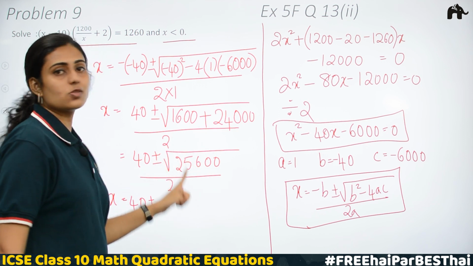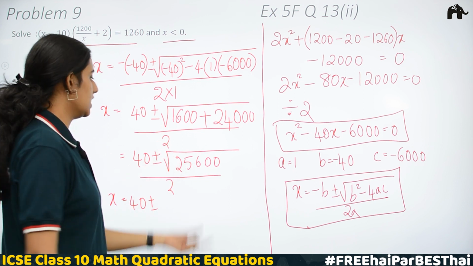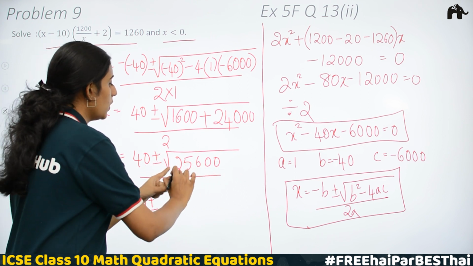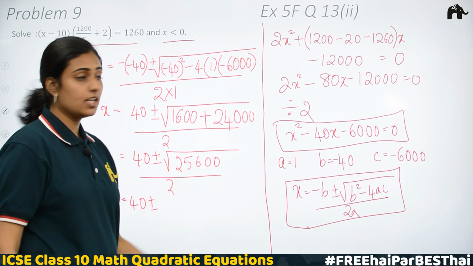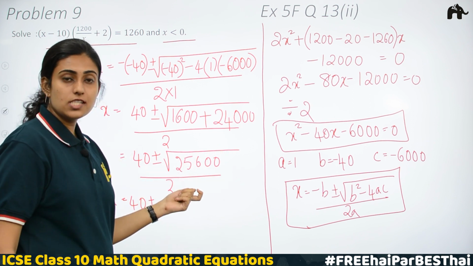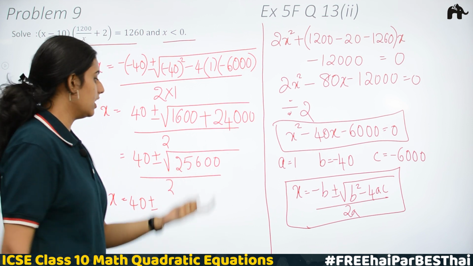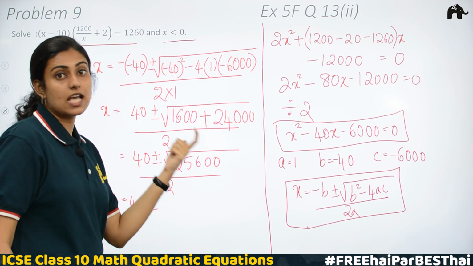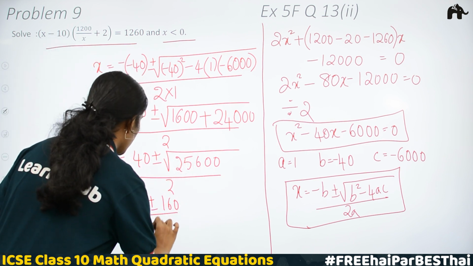We know the square root of 256 is 16. 25,600 is 256 into 100. Square root of 256 is 16. Square root of 100 is 10. Therefore, square root of 25,600 is 160.